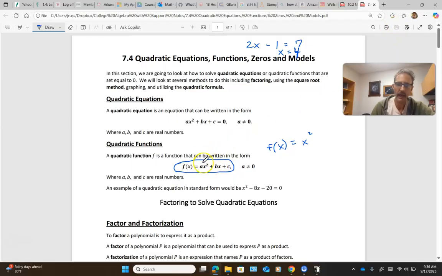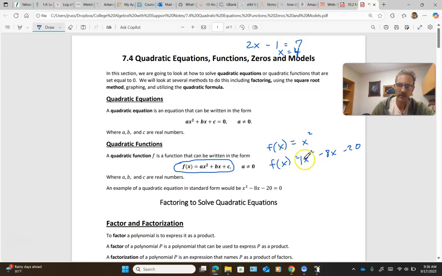Now, here's an example of a quadratic function written for you, x squared minus 8x minus 20. In this case, the value for a would just be that little understood 1 that's in front of the x squared. The value for b would be negative 8, and the value for c would be negative 20.